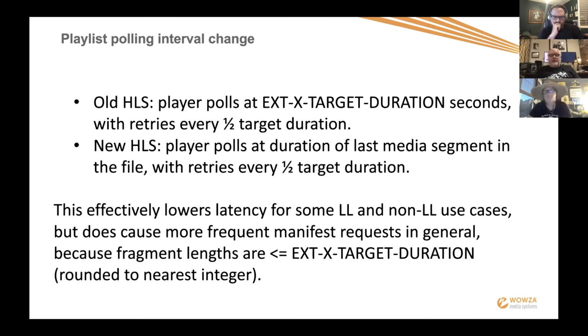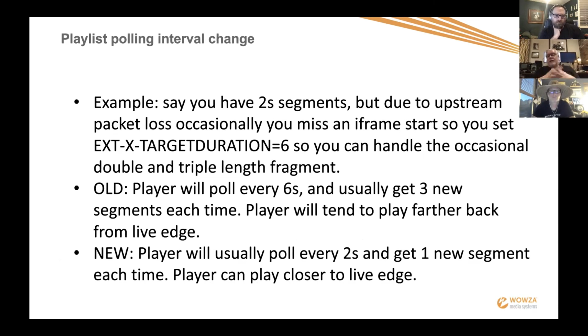But it does cause more frequent manifest requests in general. So this does affect your scaling, and you'll have to calculate with your segment lengths and your target duration what the impact would be. There have been a couple of use cases that I've seen in past lives where you set the EXT-X-TARGETDURATION to be fairly long compared to your average segment size.